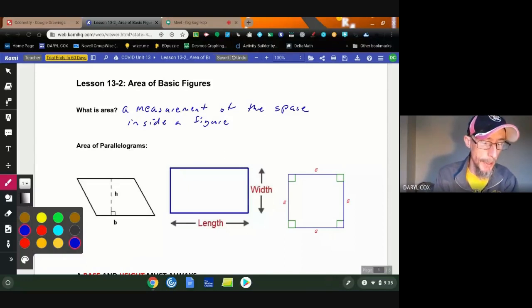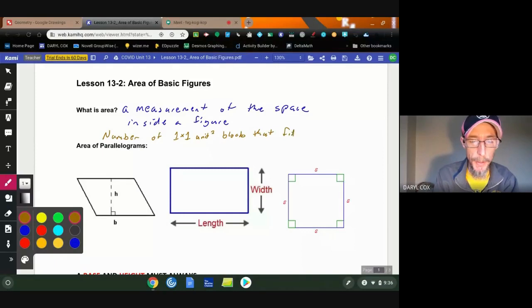Another way I've seen the definition of area written, it's the number of 1 by 1 unit squared blocks that fit inside a figure.